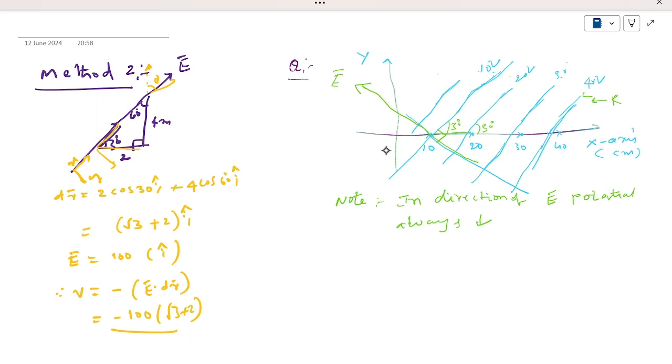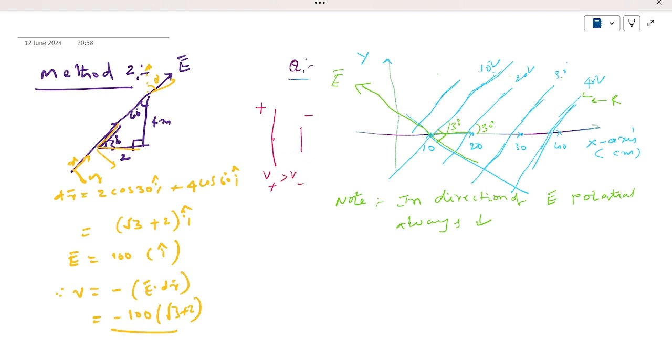See, we know in a battery there are two terminals, one positive and another negative, and you will say the positive terminal has more potential. V positive is more than V negative. Why?